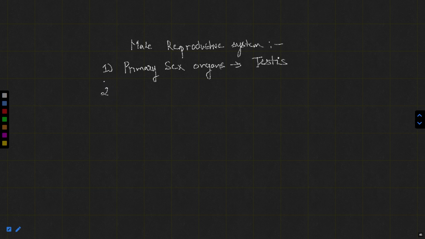Now, second, accessory ducts. Okay, the male reproductive system consists of the primary sex organ and accessory ducts. All right, what are the accessory ducts?